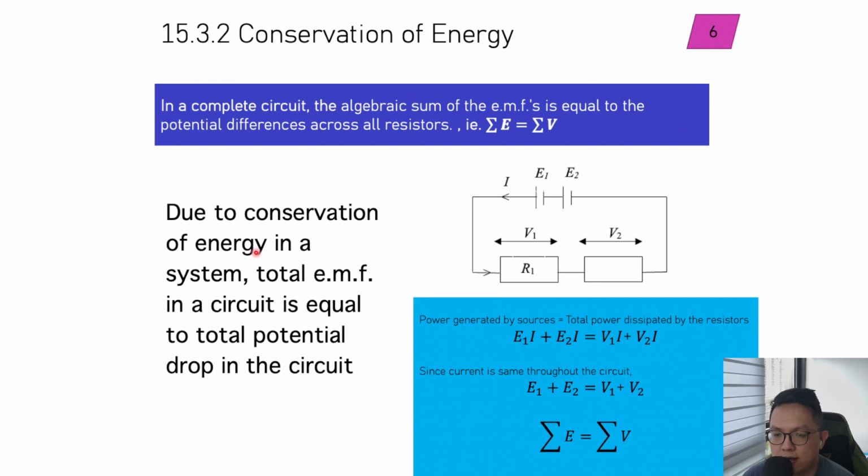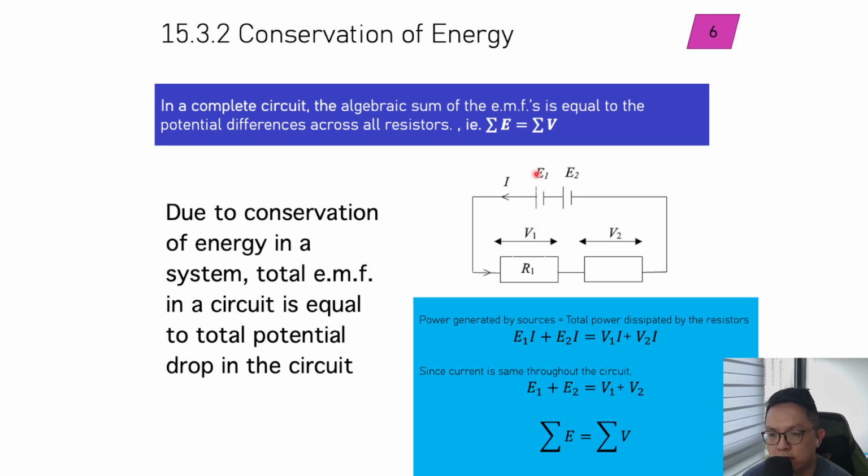Due to conservation of energy in the system, total EMF must be equal to total potential drop of the circuit. What this means is that your EMFs are your sources of energy inside your circuit. The total energy provided by these two cells must be equal to the total energy drop across these two resistors.